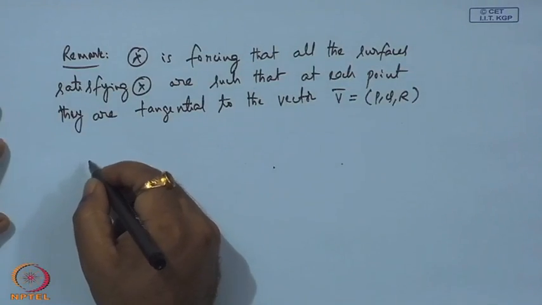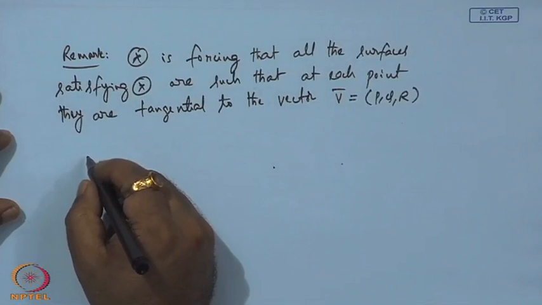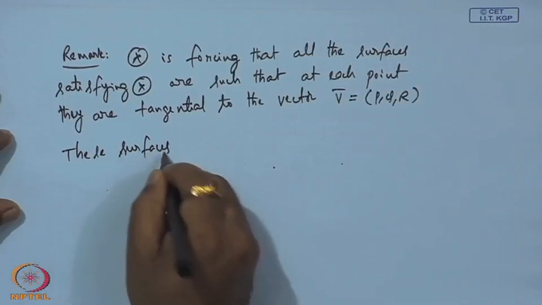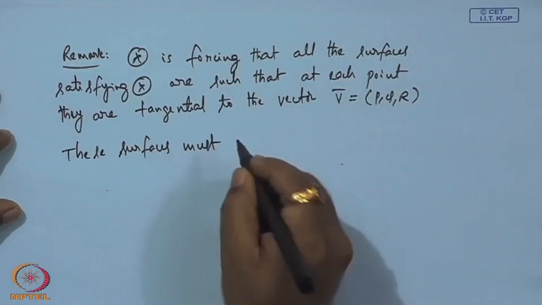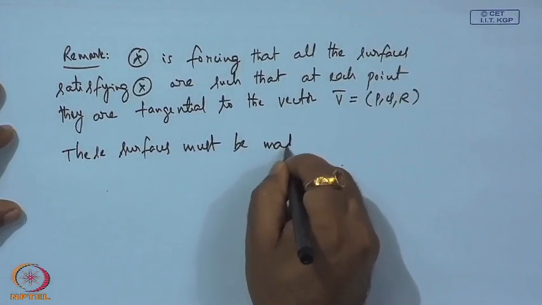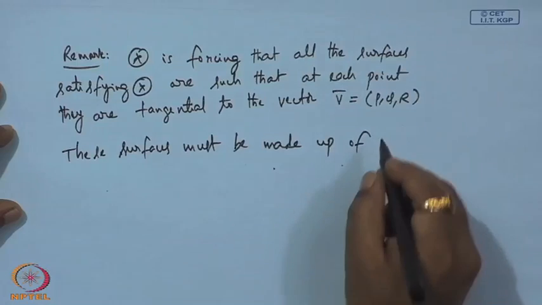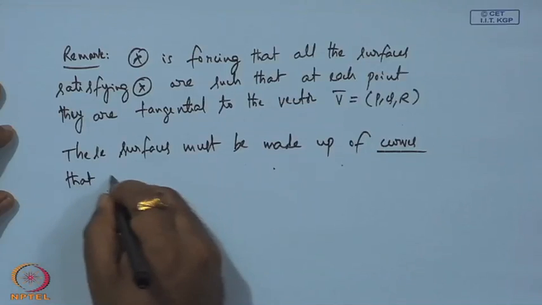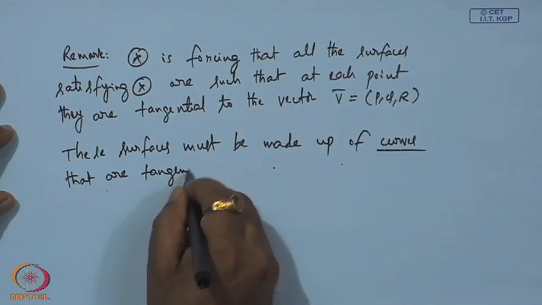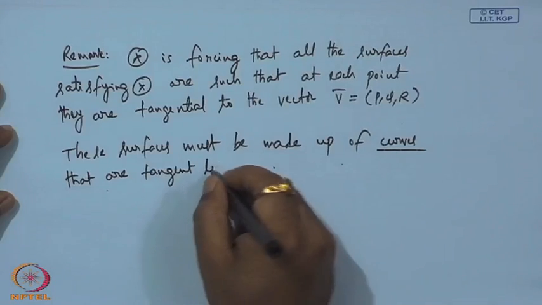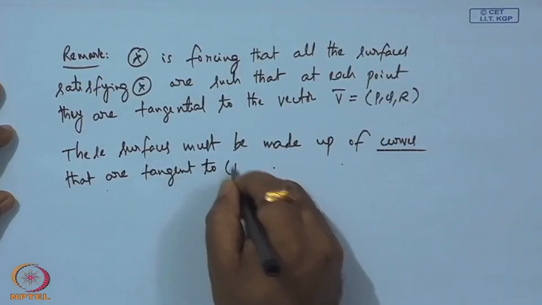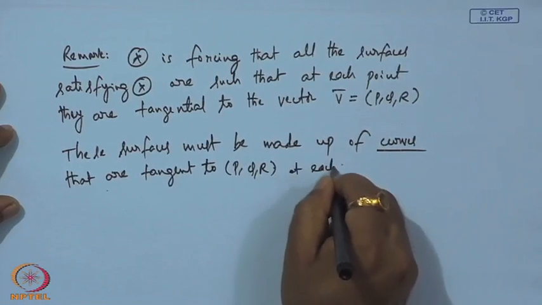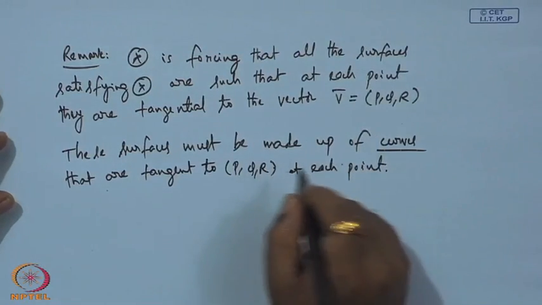So, therefore, these surfaces must be made up of curves that are tangent to p, q, r at each point.